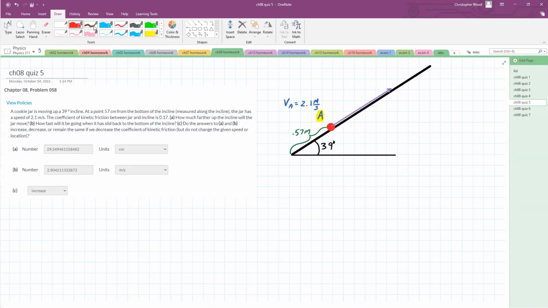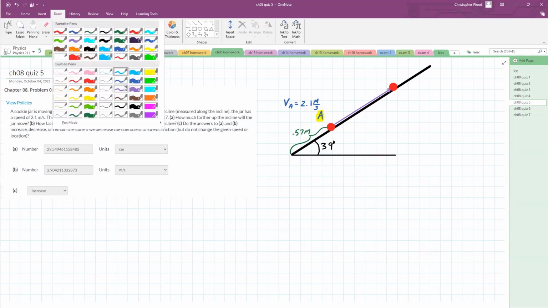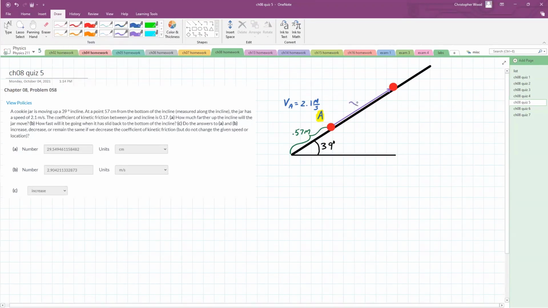Try that again. Okay, I better call this X. So this is going to be my displacement vector X. There. This is energy state B. It's usually kind of intuitive where to label your energy states.